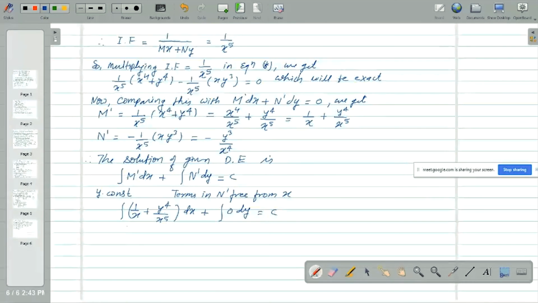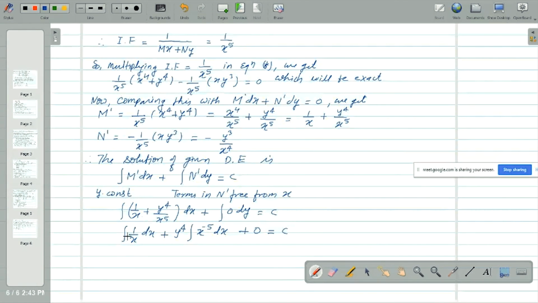So this can be written as integration of 1 upon x dx, and y raised to 4 is constant, so we take it outside, integration of x raised to minus 5 dx, plus 0 equal to c.